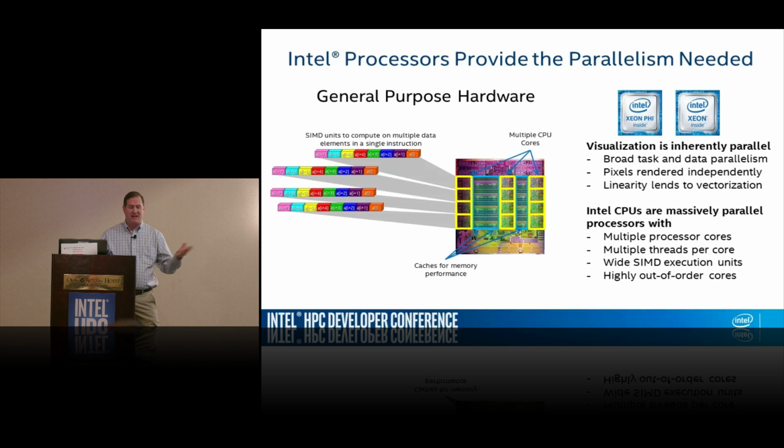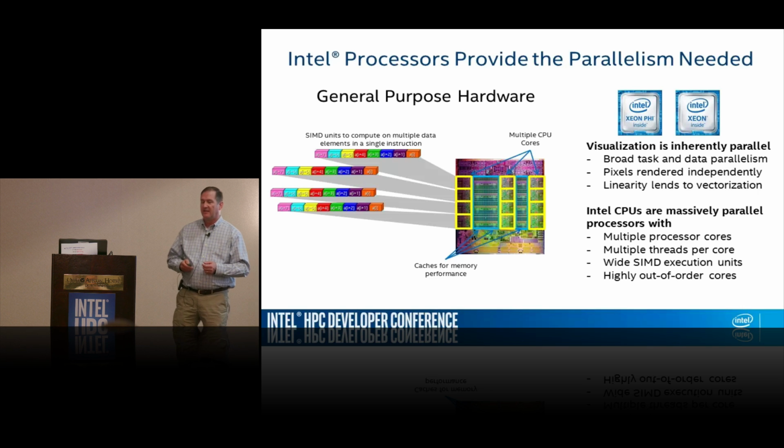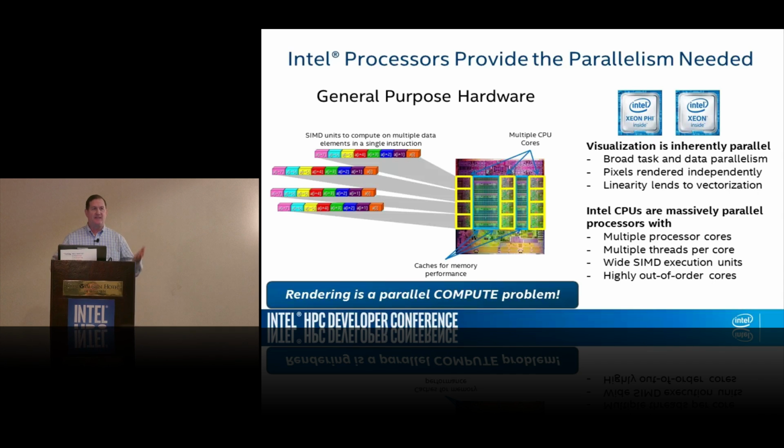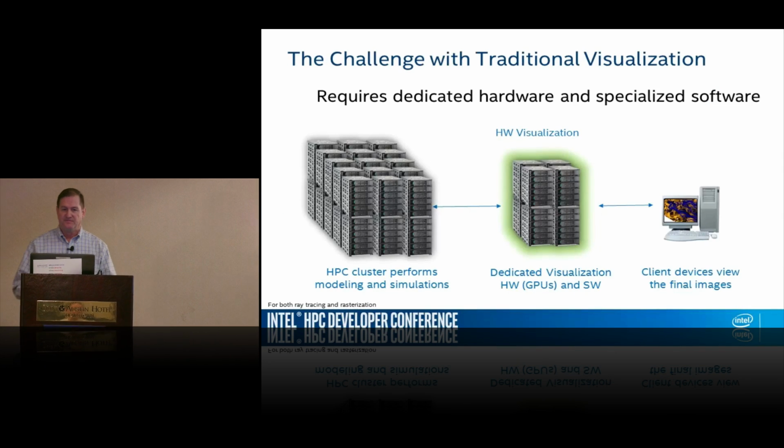Visualization is obviously pretty embarrassingly parallel, and our processors, both Xeon and Xeon Phi, are excellent platforms for that, because rendering really is just another kind of compute problem. And that's really what it boils down to. In rendering, we're doing parallel compute, and we believe we have the best parallel compute solutions out there.